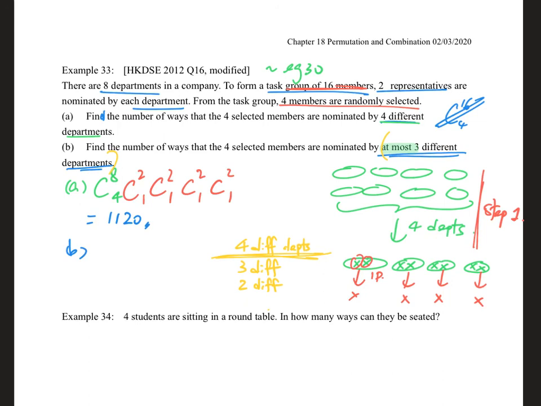That means we are going to take away the 4 different departments, which is 1120 at first. Now we come to look at the subject. What should we have here? Yes, it should be the total possible outcomes, take away the 4 different departments. So this is the situation when we have at most 3 different departments.